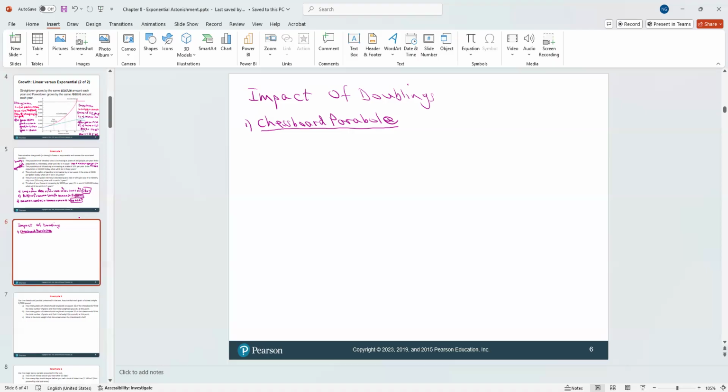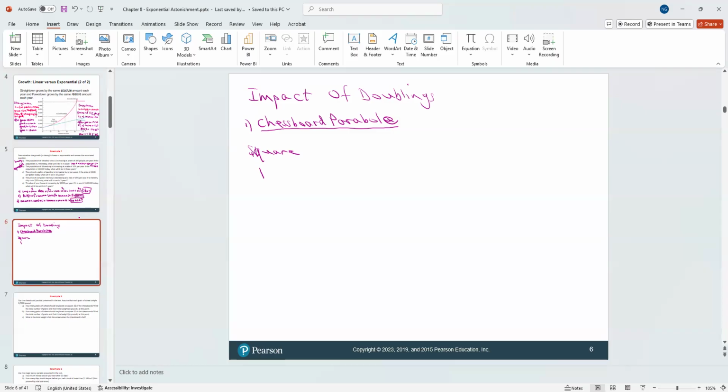But let's see how it adds up for the 64-square board. That's going to be a lot. In the first square, he said to add only 1 grain.